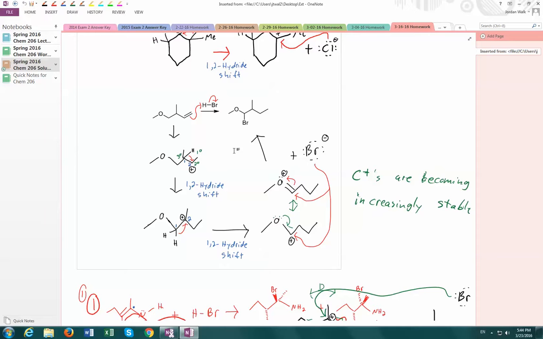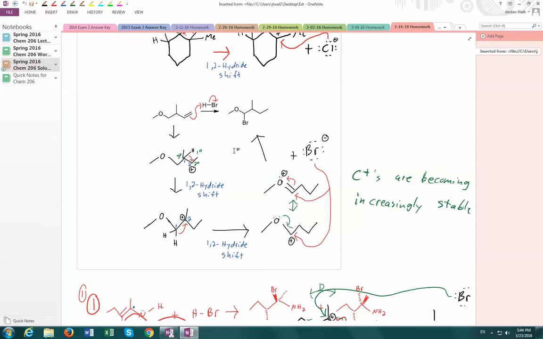Furthermore, this position right here is a special position because it's next to an oxygen, and of course that oxygen has lone pairs that can potentially donate into a carbocation and close the shell. So if we undergo another 1,2 hydride shift, moving a hydride from this position to there, we end up with a carbocation here.